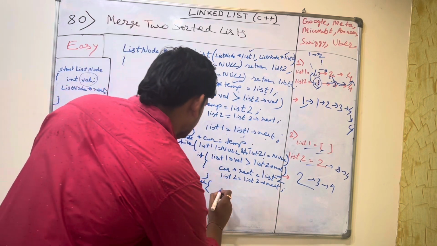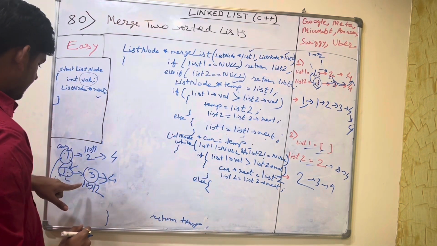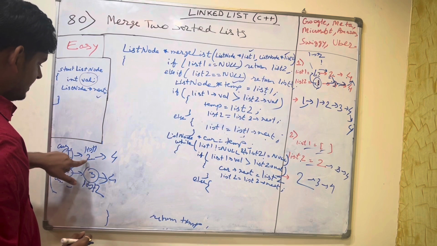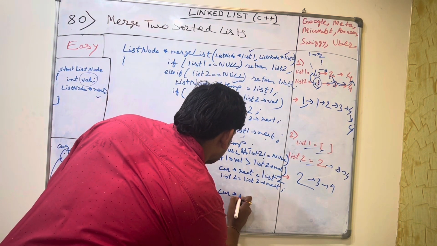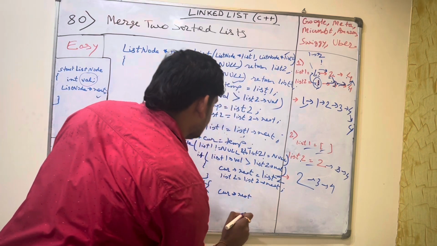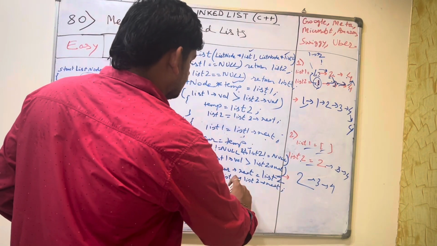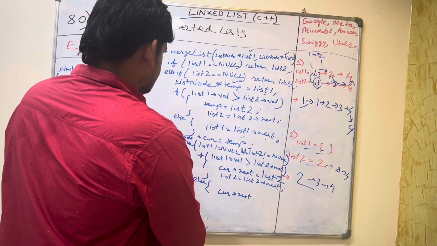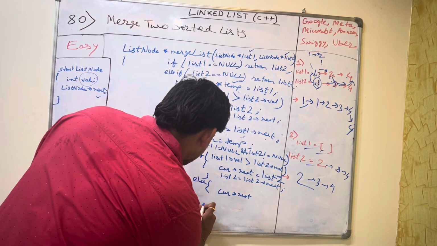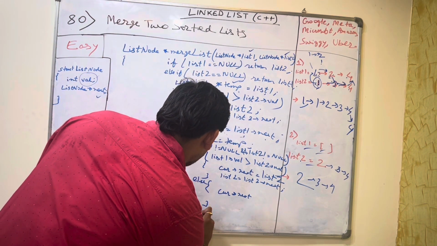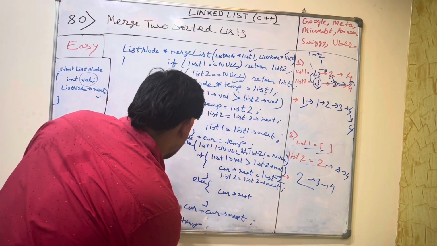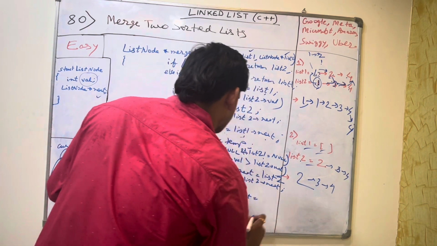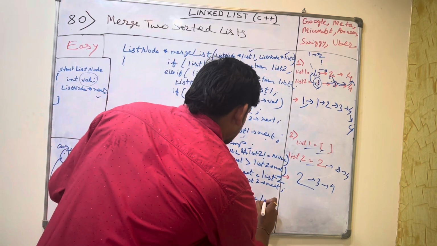Okay, now else, what we will do, in the second example, if list 2 is greater than list 1, so current next is equal to list 2 is equal to list next, and this is the else case here, and current would move to current next. Okay, and in this one here, current next is equal to list 1.